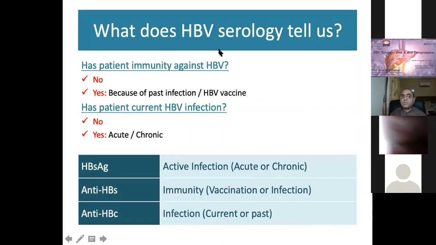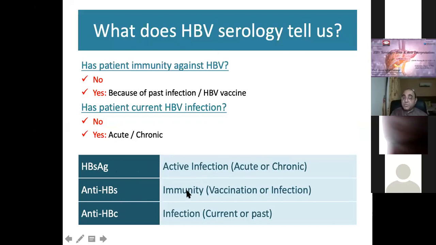Okay, so what does HBV serology tell us? By standards or by common understanding, these 3 are the HBV serological tests: HBs antigen, anti-HBs, and anti-HBc. HBs antigen tells if the patient has active infection, and if it is, whether this is acute or chronic. It may be either, acute or chronic.